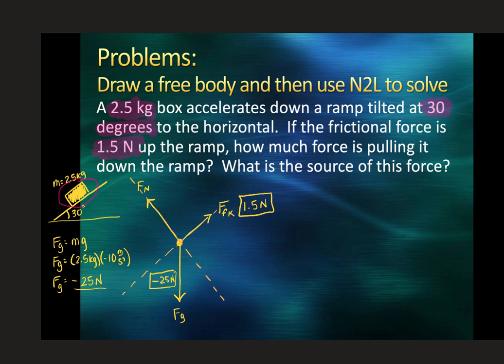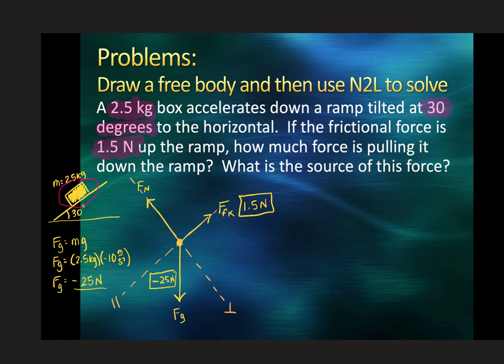The direction parallel to the surface of the ramp, and then the direction perpendicular. And so that's how I'm going to go for this problem. And so I'm going to mark these axes. I'm going to label them. What would have been my y-axis is going to become the perpendicular axis. What would have been my x-axis is going to become the parallel axis.